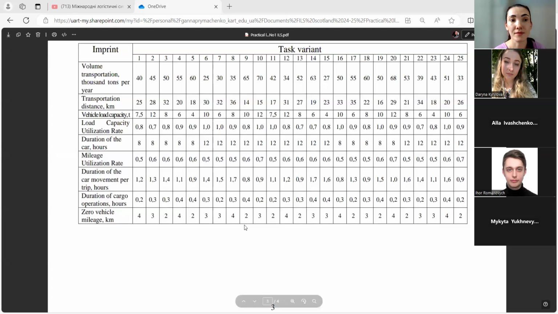But it's only loading and unloading. I think it doesn't count the trip. Loading capacity utilization rate we have, yes, and find unloading, maybe no.